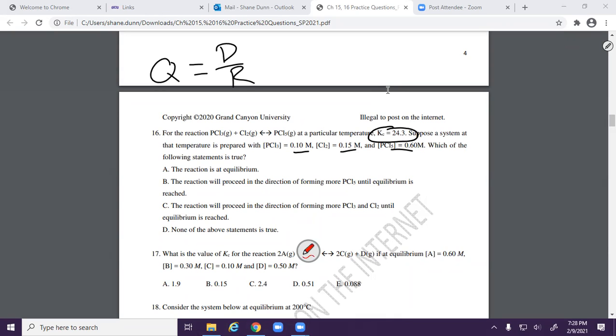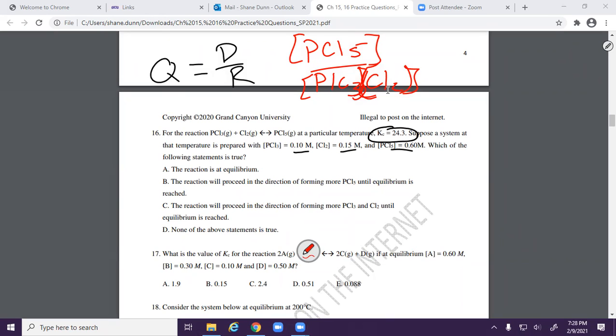In this case, it's going to be PCl5 over PCl3 and chlorine. Actually, concentration with brackets. Okay. Tell me what the Q value is.